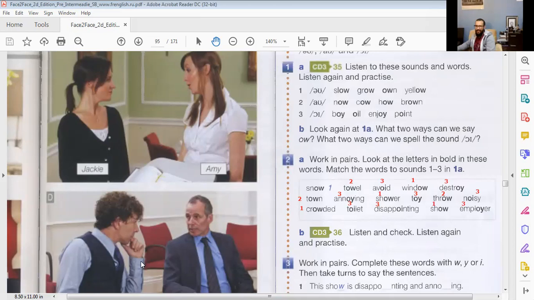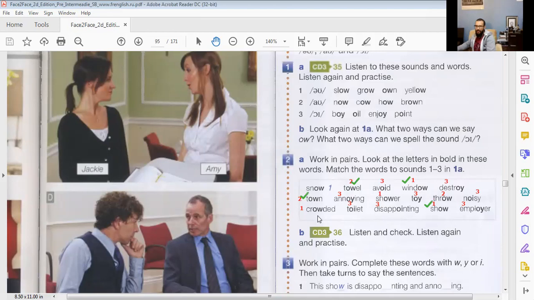1. Snow. Window. Throw. Show. 2. Towel. Town. Shower.